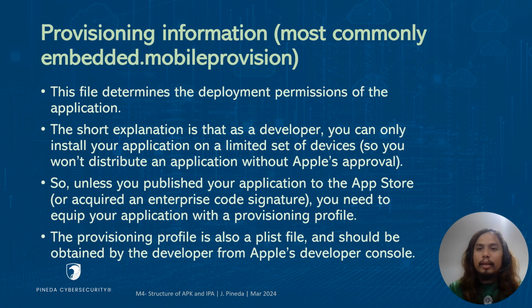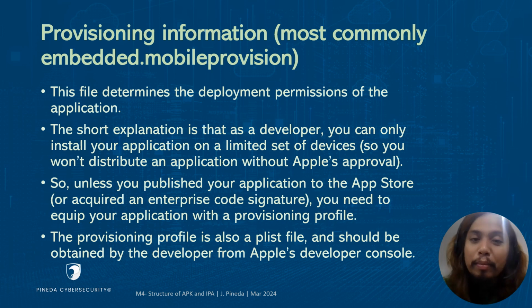And then the last would be provisioning information. It's most commonly embedded.mobileprovision. It is the file that determines the deployment permissions of the application. So this is very important because, to make the long story short, as a developer, you can only install the application on a limited set of devices.